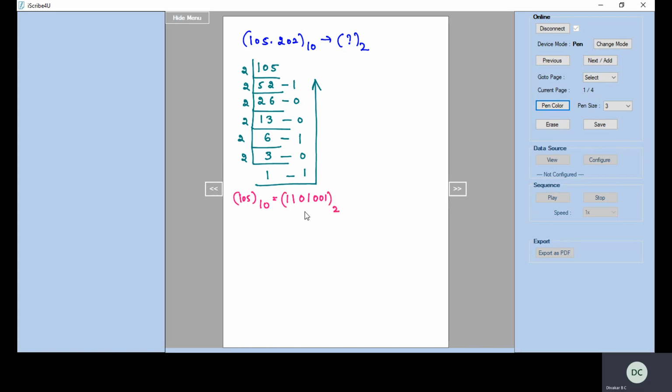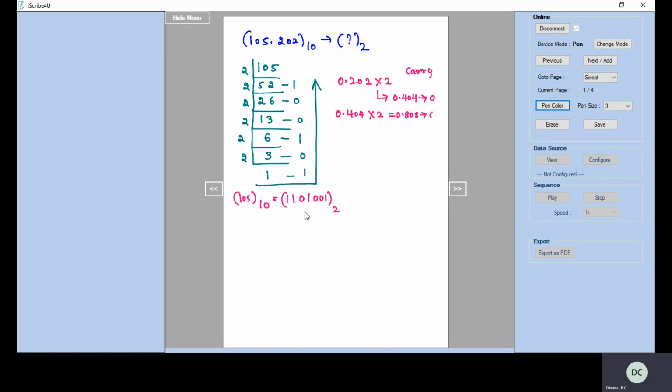Similarly, for the fractional part, multiply the given number successively by 2 and record the carry. 0.202 into 2 is 0.404. Record the carry is 0 before the decimal point. Then 0.404 into 2 is 0.808.